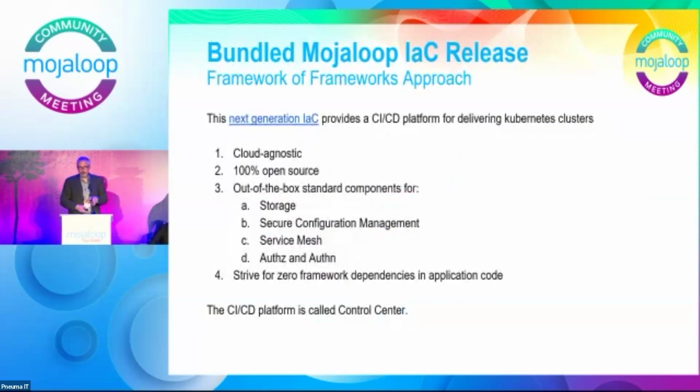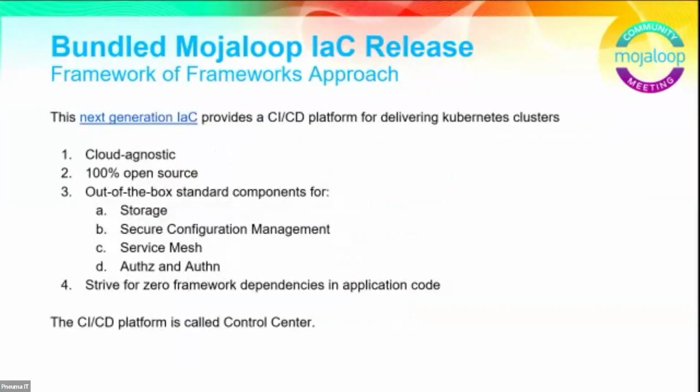Okay, so I'm going to talk quickly about what was done in this release for the IaC. I want to quickly recap what the infrastructure as code's job is here. What we're trying to do is provide a framework of frameworks. What I mean by that is standard components that provide the non-functional requirements for running a Mojaloop.